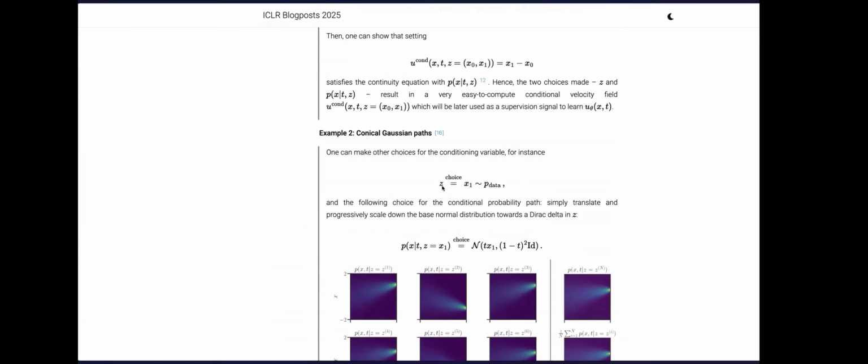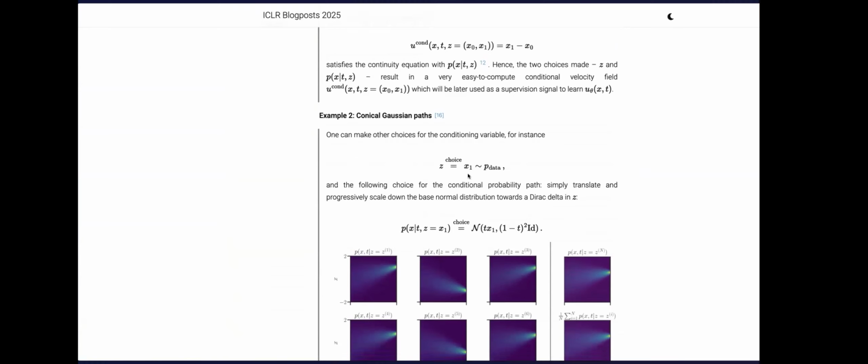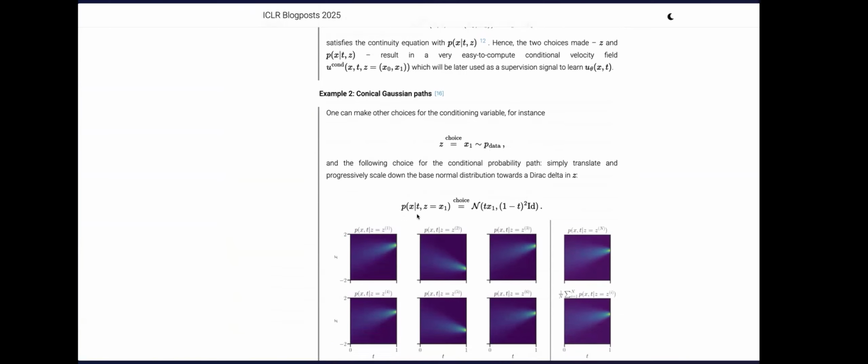So z here, by choice, again, this is a conical Gaussian path, is only drawn by looking at the data points and picking only one. But the probability path is just t times x1 as the mean, and here the standard deviation or the variance is 1 minus t.